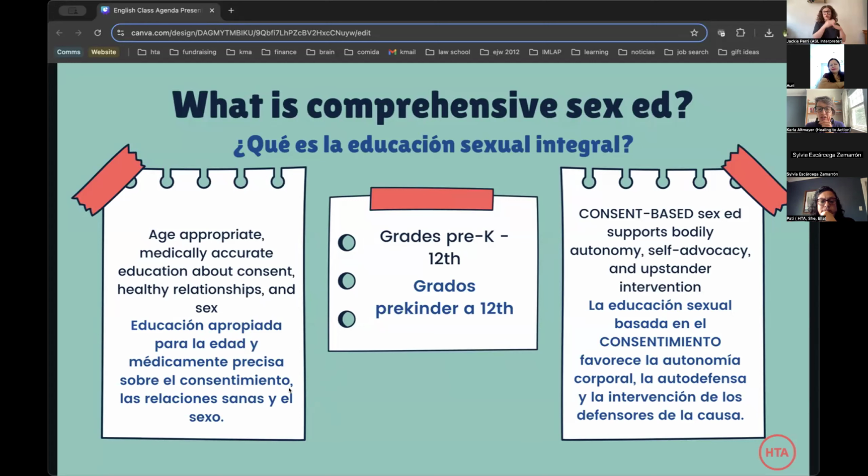This is really about helping expand and shift those expectations so children are able to live fully and freely as who they are. Consent-based sexual health education supports bodily autonomy and self-advocacy, and ultimately empowers young people to stand up for themselves and stand up for their peers.